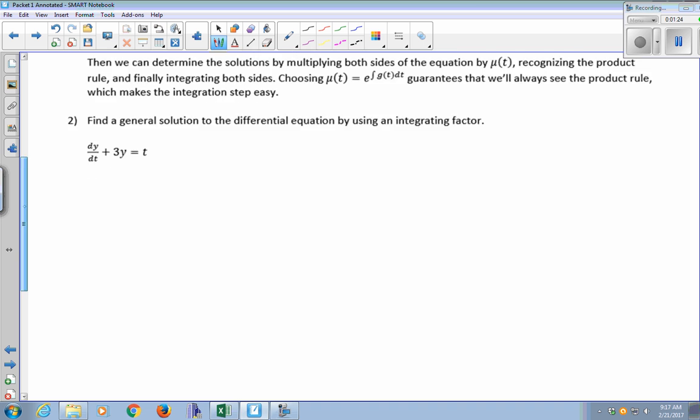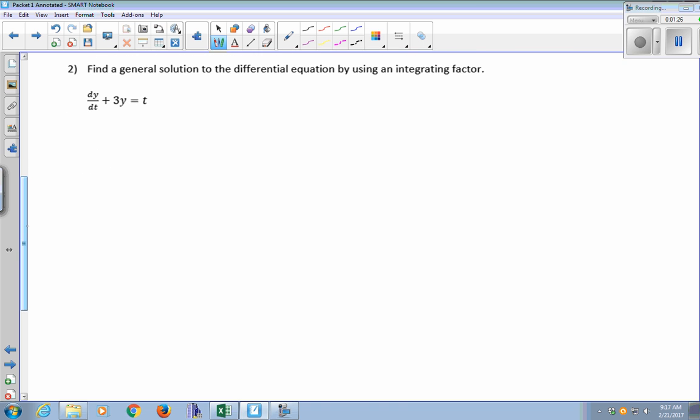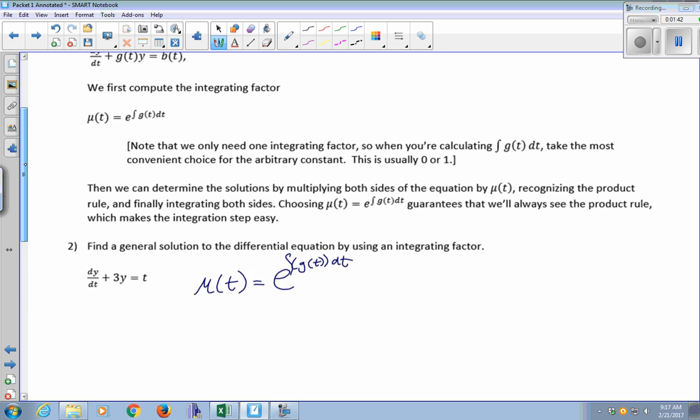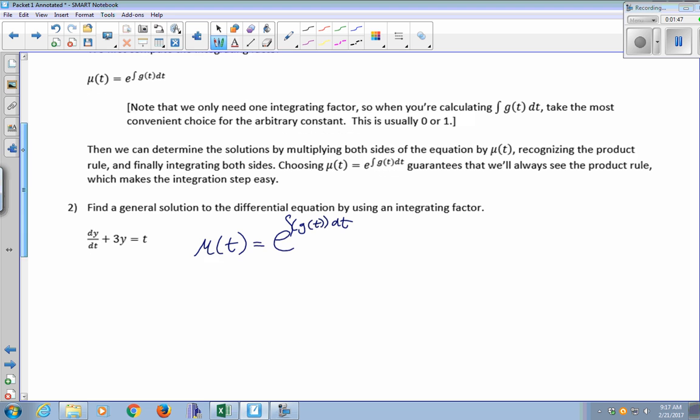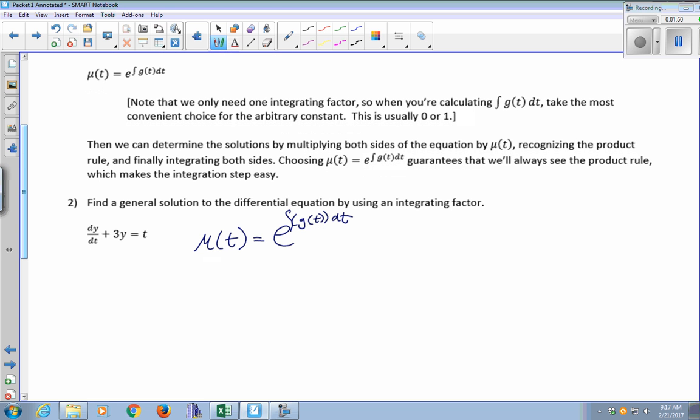Okay, so let's do one. Find a general solution to the differential equation by using an integrating factor. First thing we do is find mu of t, which is e to the integral of g of t dt. I just told you, that's how you find an integrating factor. We choose mu that way because it'll make the product rule pop out every time.